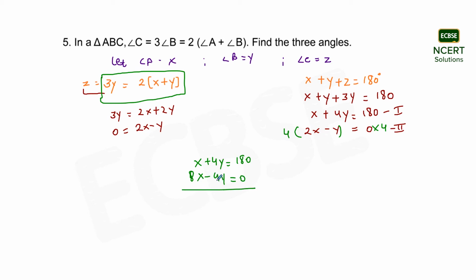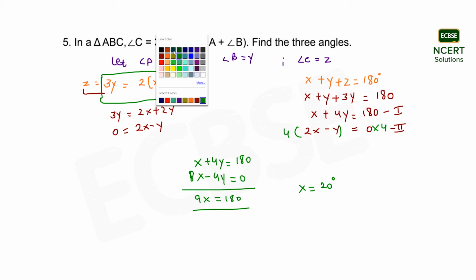Now adding both the equations, what I'll be getting is 9x is equal to 180, or from here x comes out to be equal to 20 degrees, right? As x is the angle, it's been expressed in degrees.